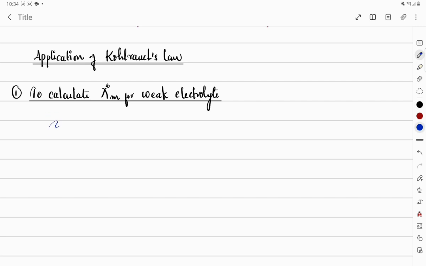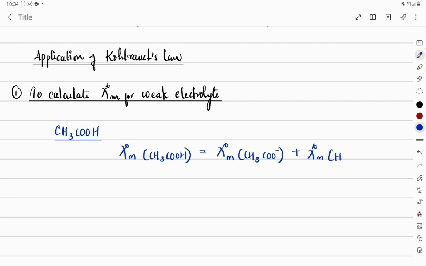Let's take acetic acid, CH3COOH, as an example of a weak electrolyte. Since it obeys Kohlrausch's law, its lambda 0 m will be lambda 0 m of CH3COO minus plus lambda 0 m of H plus. But I do not know these values even from the graph, so I cannot find this particular value. But there is an indirect way to find that.